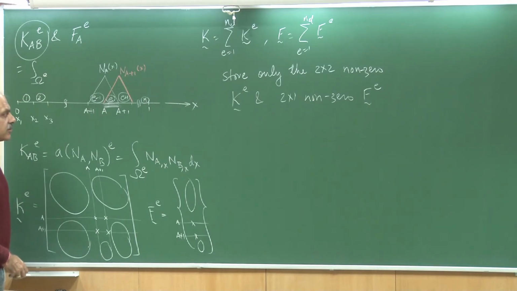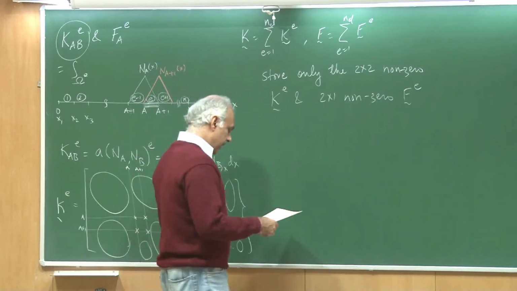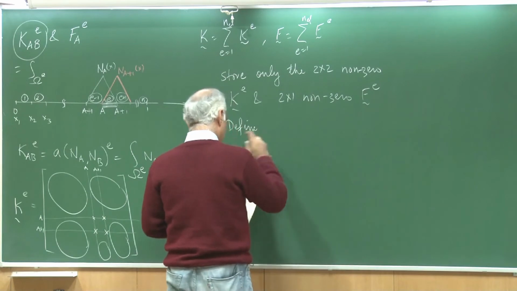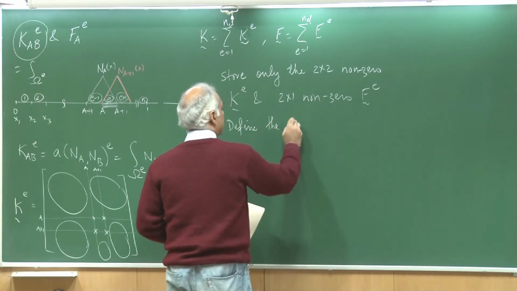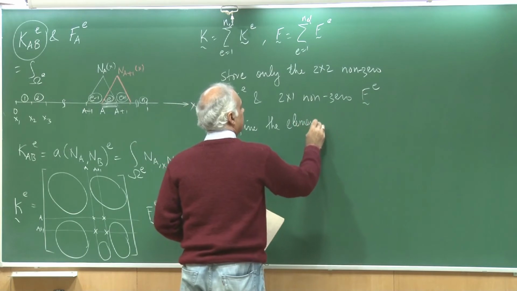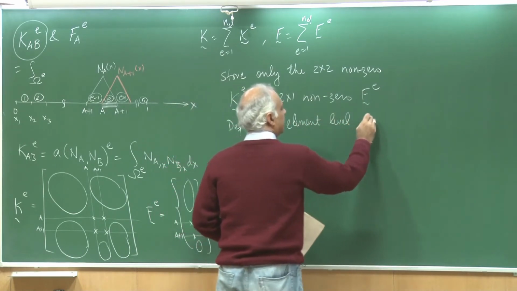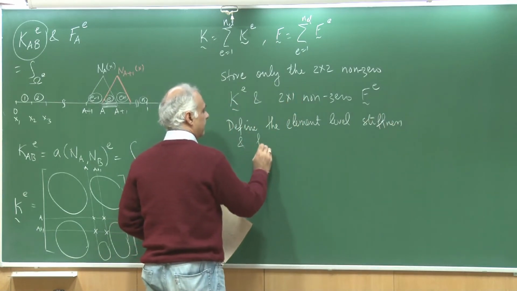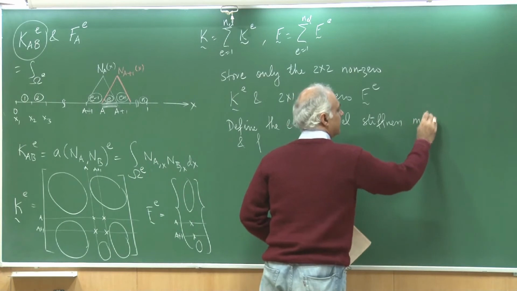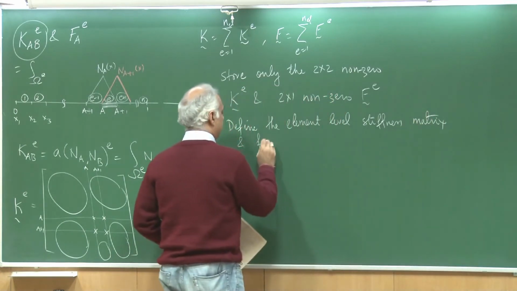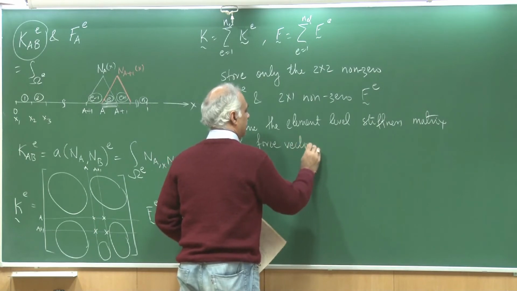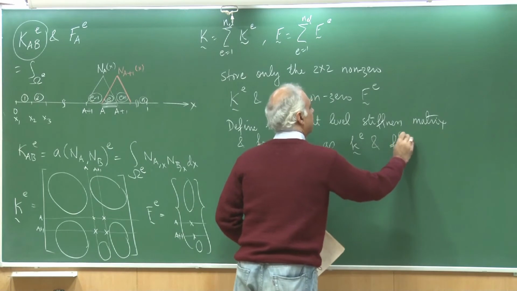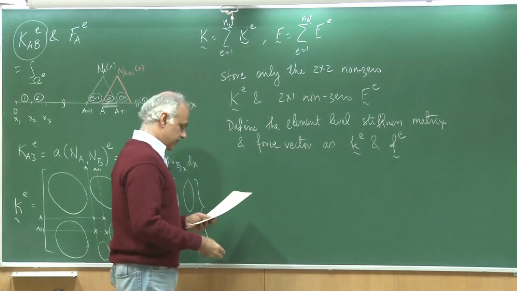And to denote these non-zero values, we are now going to call them small a. So, we will define the element level stiffness matrix and force vector as Ke and Fe, which are the non-zero values.